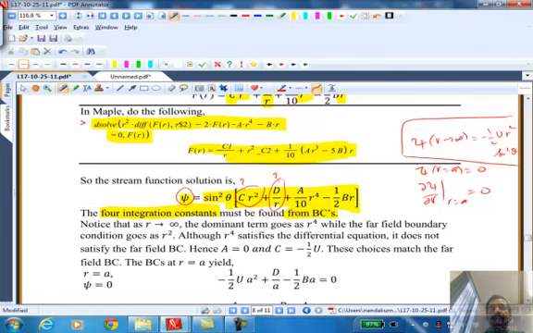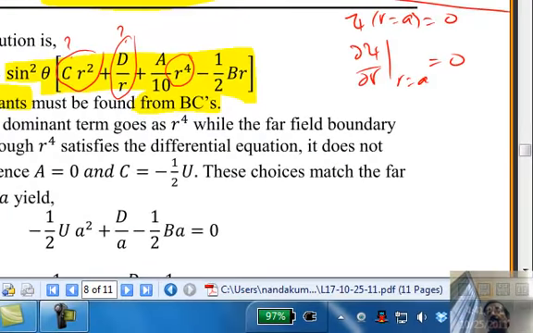What happens to this term? It goes as r to the power 4. That means it goes to infinity much more rapidly than we want the solution to go. How do we want the solution to go? As r squared. Because the far stream boundary condition says that the stream function should go as r squared. Do you understand the idea?